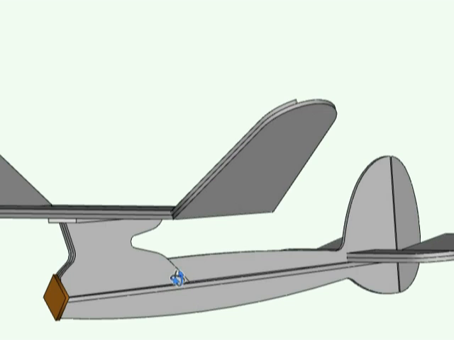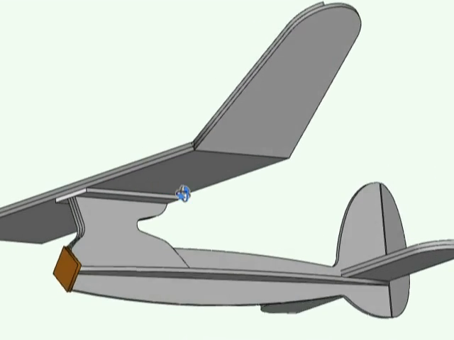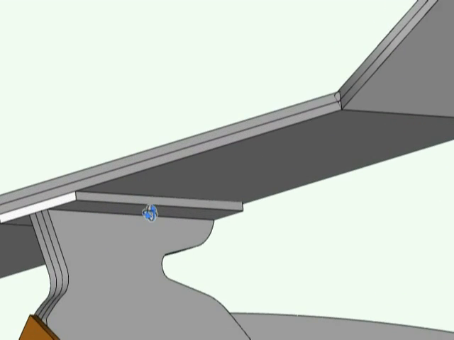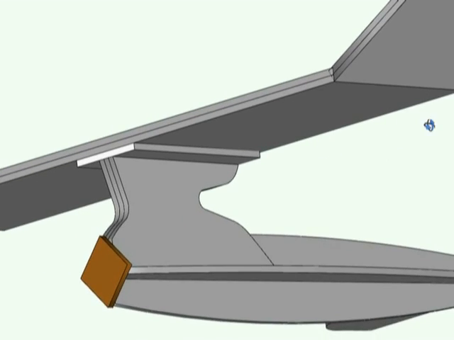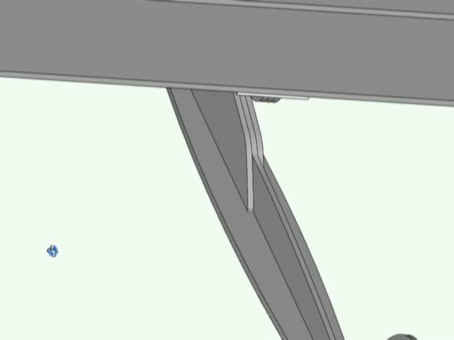Now, because this is fully 3D, it's been all assembled, it really shows the person that I might pass this on to how this model assembles, how it goes together. It's almost as good as an exploded diagram.